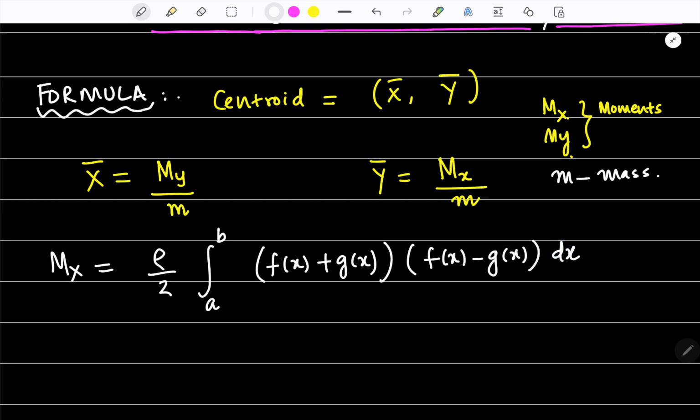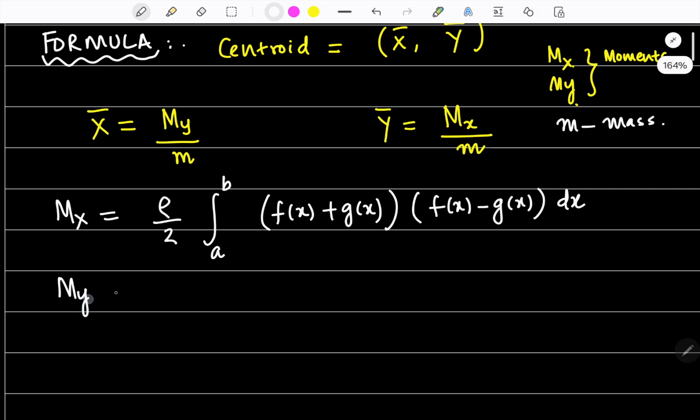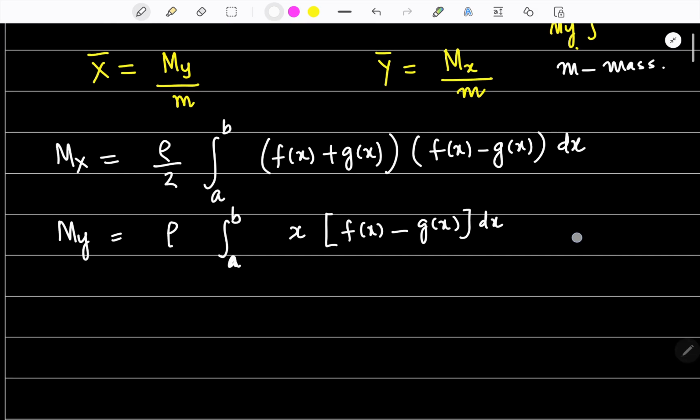Don't worry, most of the time the second curve will be your zero function. What is the formula for finding My? It's not rho by 2, it's rho, integral a to b, x multiplied by f of x minus g of x times dx.